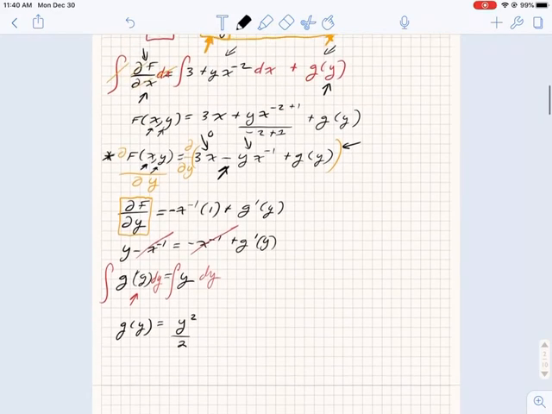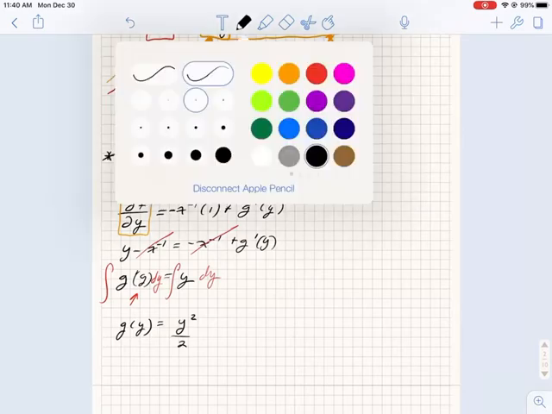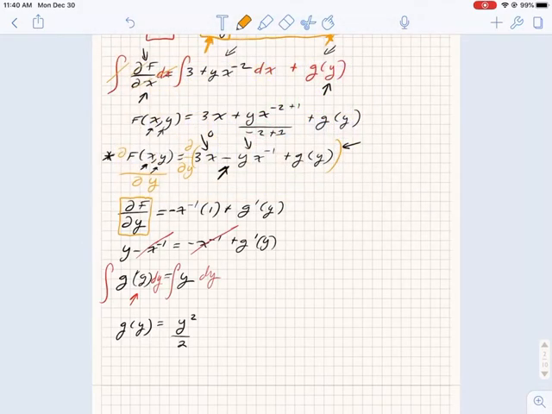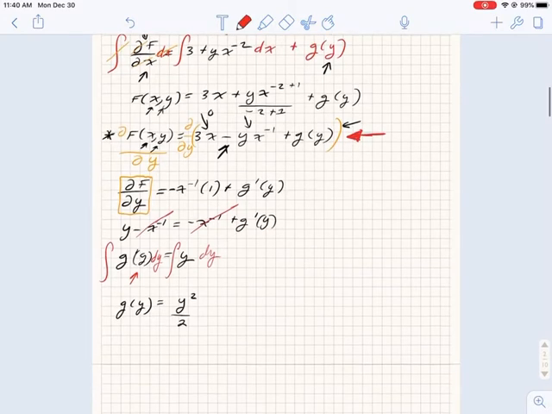So now that we found g of y, we can finally plug that in to this function that we obtained earlier, which is the f of x, y function that is the solution to the differential equation that we're solving.